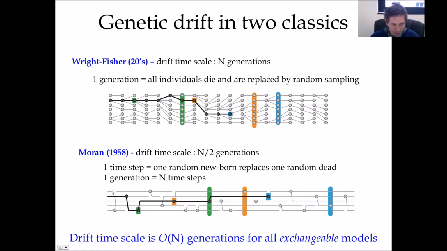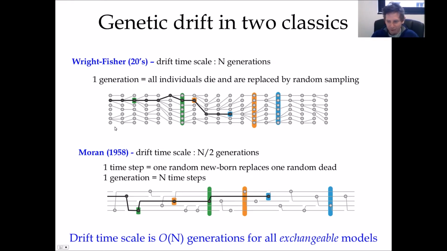See, the number of individuals remains constant. One is giving birth, one is dying, and you repeat this process again and again. So in both models, there is no beginning or end, right? It's just repeating the replacement of the individuals. And this replacement will create what we call genetic drift.